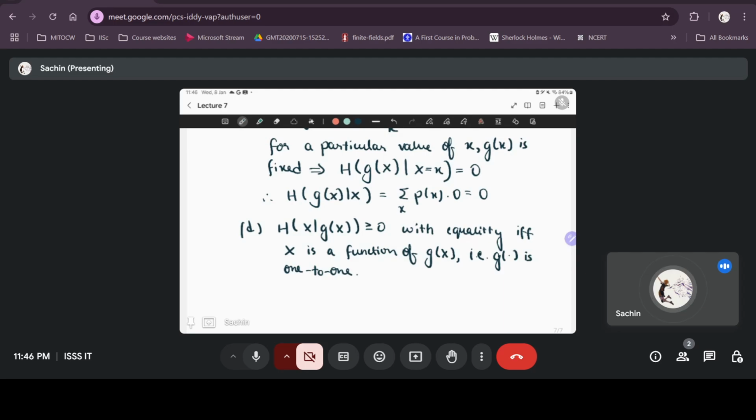I guess that's taken care of if g is 1 to 1 and X is a function of g of X.